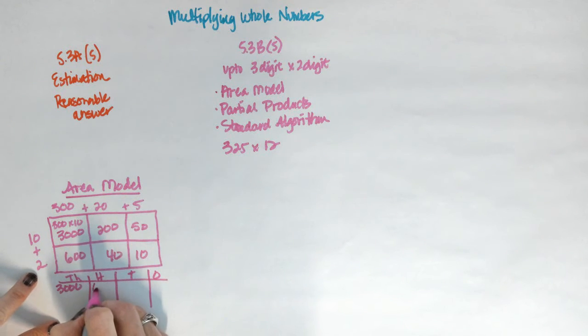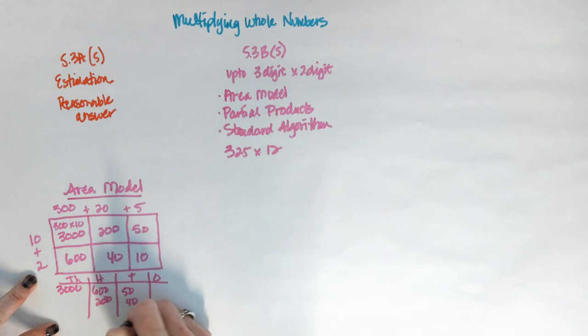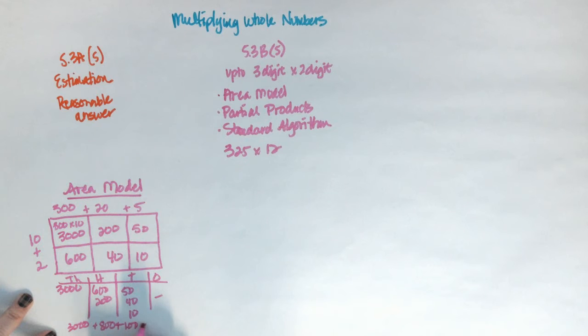Hundreds, we would need to add 600 and 200. Tens, we would add 50 and 40 and 10, and there's not any ones. So we would have 3,000 plus 800 plus 100 equals 3,900. So that's the area model.